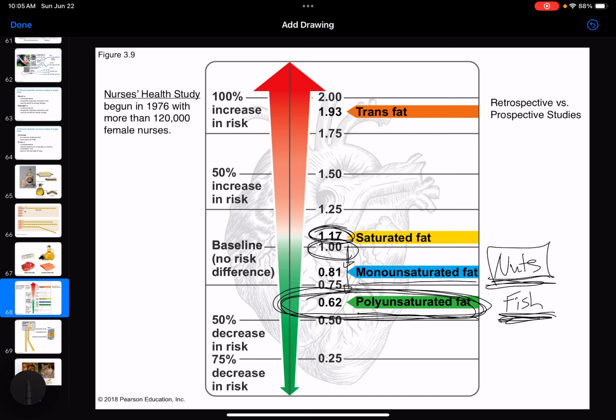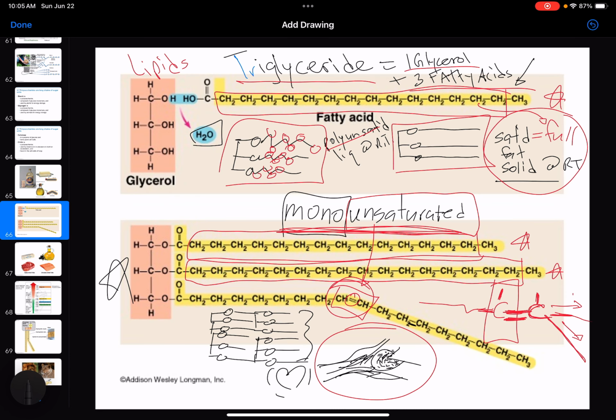What happens if you eat foods that have trans fats in them? You elevate your risk 93%. That's almost double the risk of heart issues. Where do you get trans fats from? Any food item that says that it contains partially hydrogenated oil, this is basically this kind of fat.